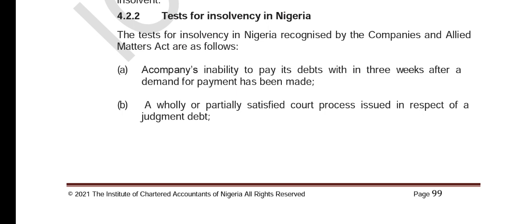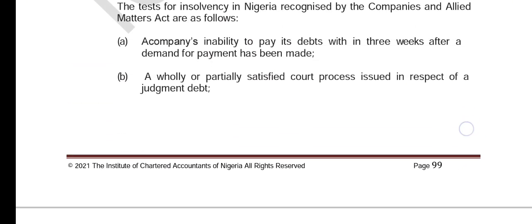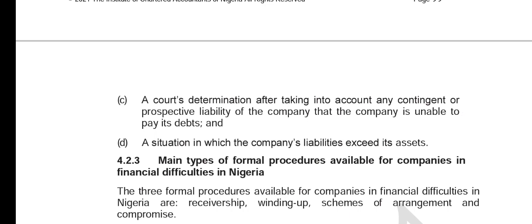Then that's one test to show that the company is insolvent. There are other tests, one of which is a situation in which the company's liabilities exceed its assets. So if what they are owing is more than what they have, it's common sense to know that they are insolvent.